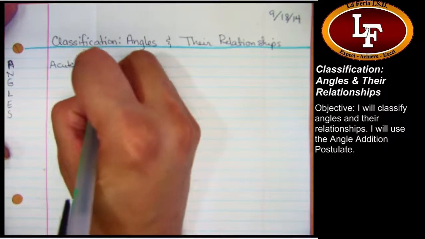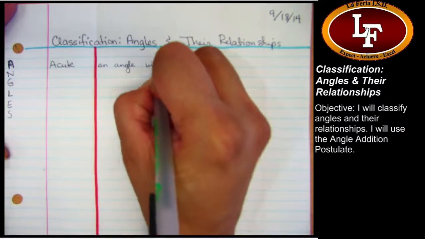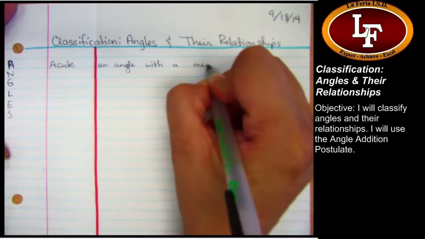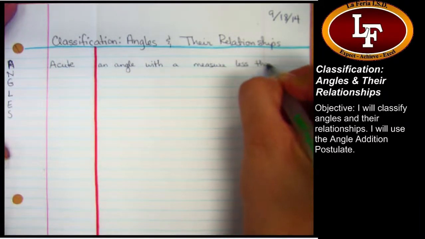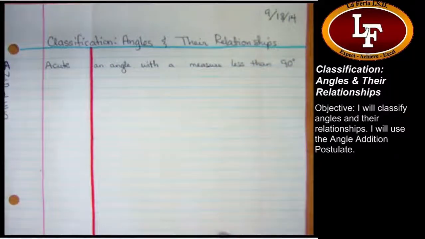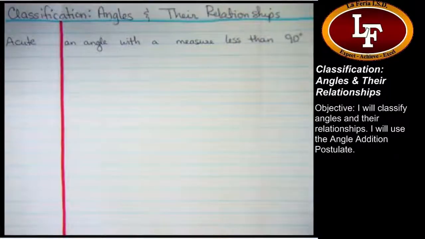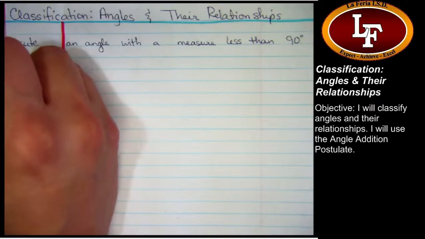So acute. It's an angle with a measure less than 90 degrees. After acute, we have right.